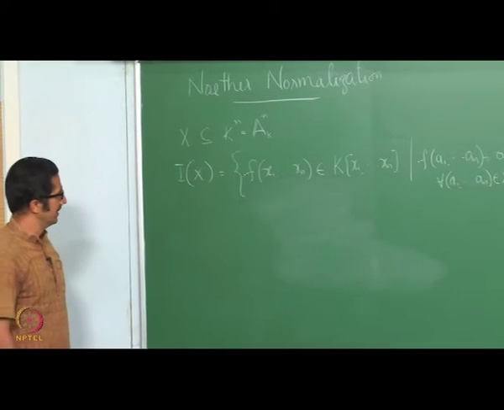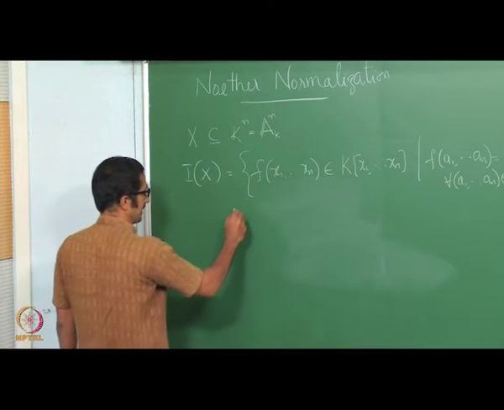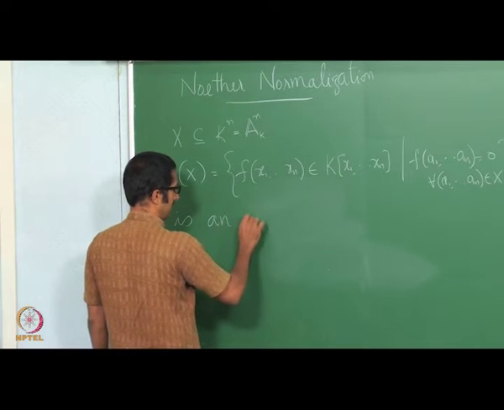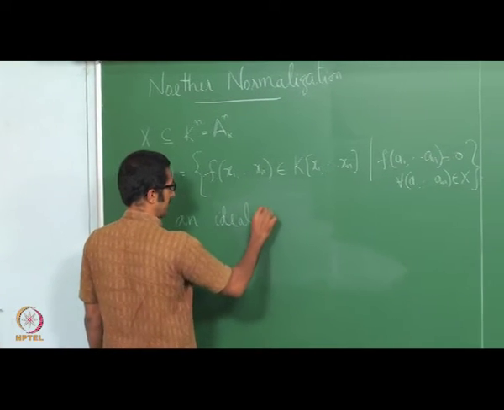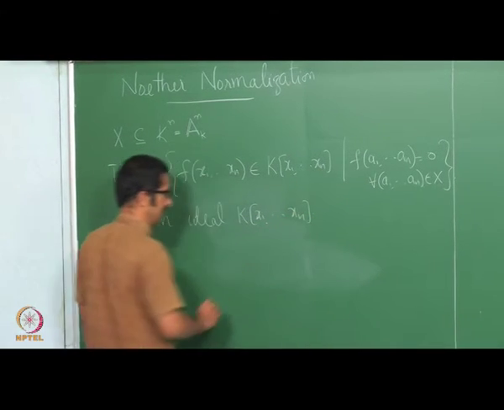Then this is an ideal in K[x1, ..., xn].